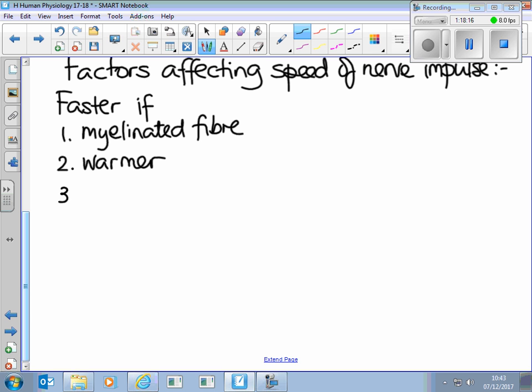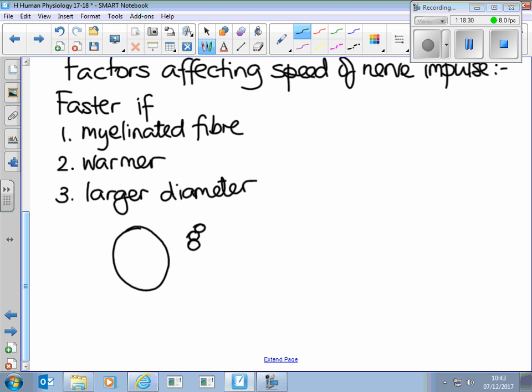And then thirdly, if it's a larger diameter. And this is the one that I just need to explain before we stop. If you've got a great big nerve fibre, and here's the equivalent. Oh, I wish I'd done those a bit bigger. Let's assume I was going to fill that in with small ones.